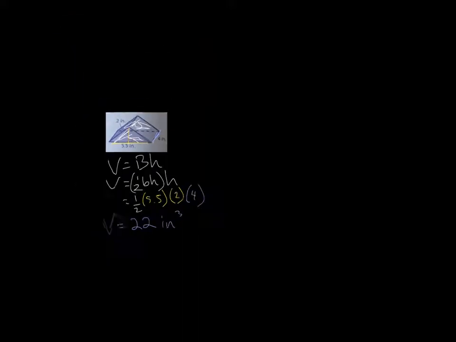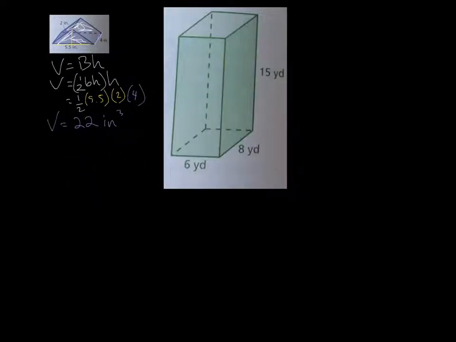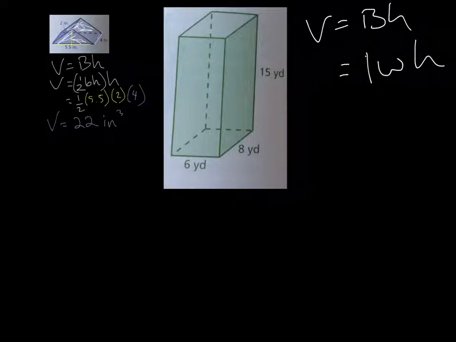Now let's look at another example. The volume here is volume equals big B times height. It's a rectangular prism, so we're going to have length times width times height, right? And in this one, all the sides are rectangles and they're all parallel, so it doesn't matter which one you pick to be the base.